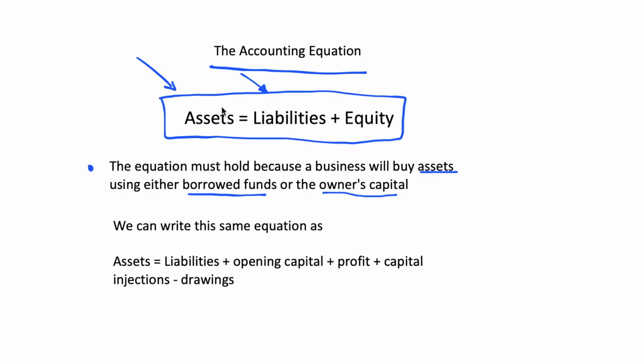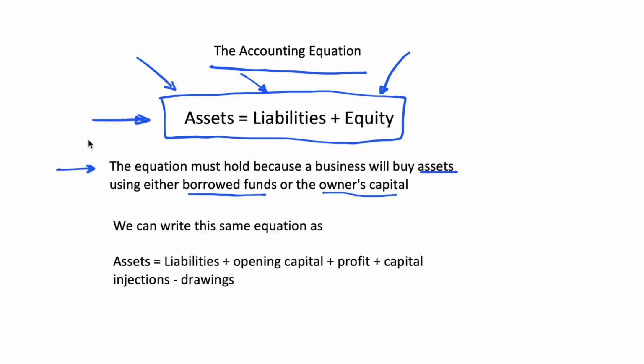If we borrow to finance our machinery or whatever it is, this will be a liability, we'll be in debt. Or we could use the owner's capital, in which case this would show up as equity. The owner of the business injects some of their own funds, and this would show up in equity. So right from the beginning, this equation has to hold because of this bullet point here.